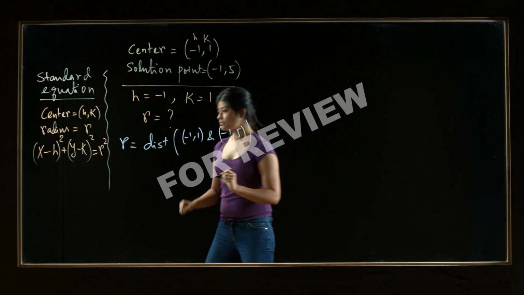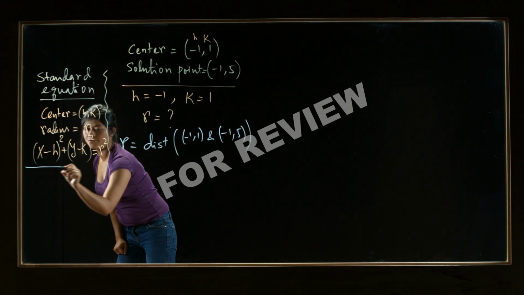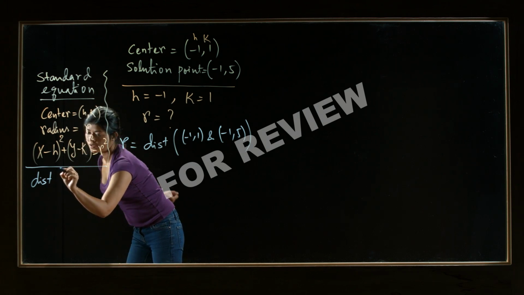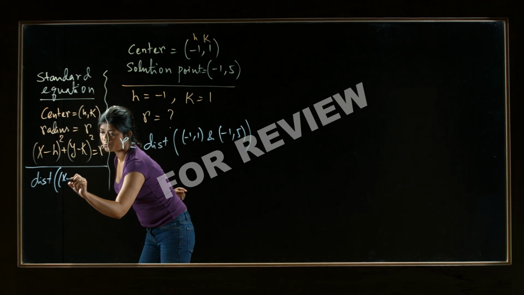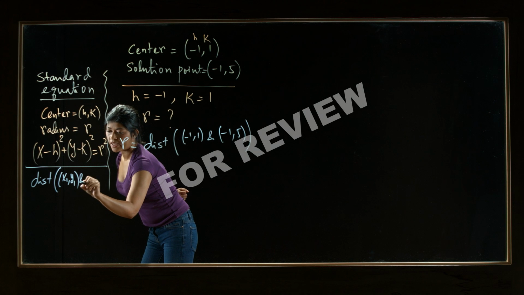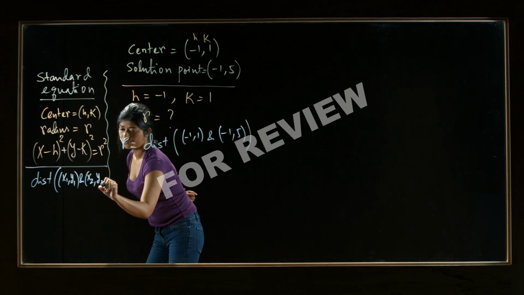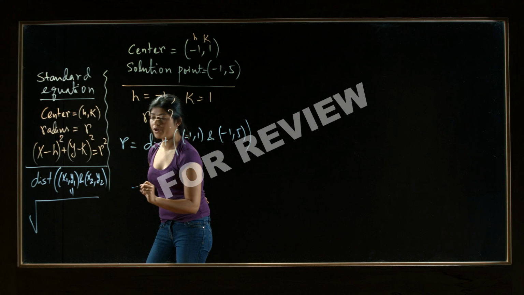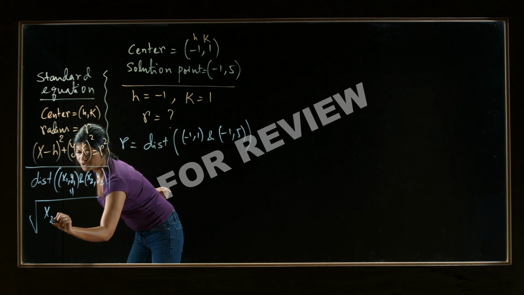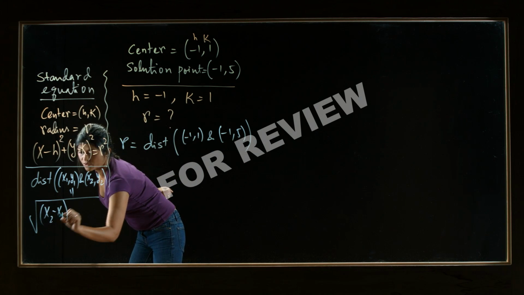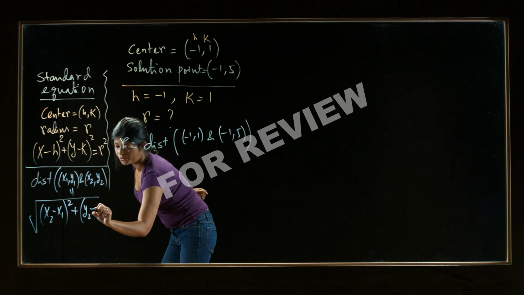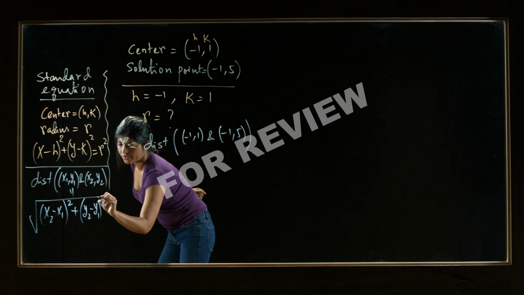So let's remember the distance formula. If you're given, say, x1, y1 and x2, y2, then the formula is the square root of the difference between the two x coordinate square and then add the difference between the two y coordinate square.